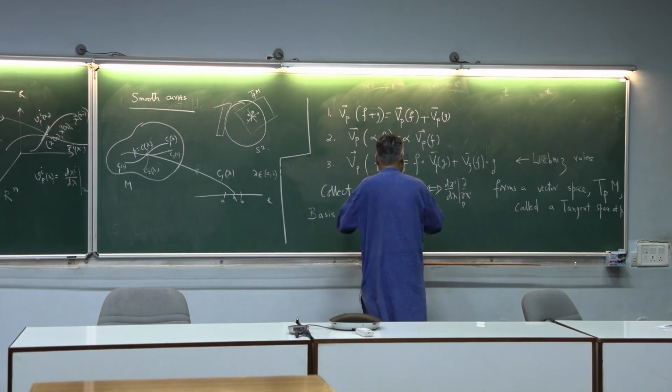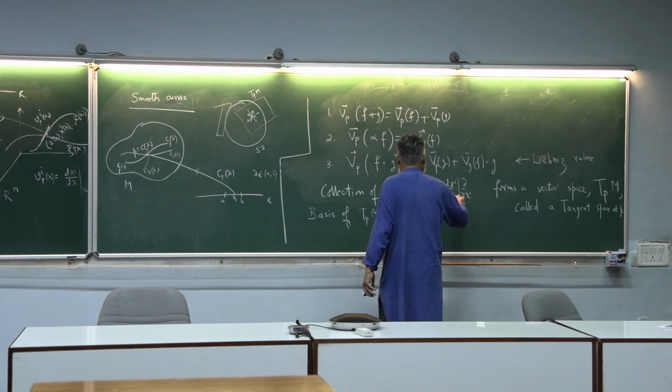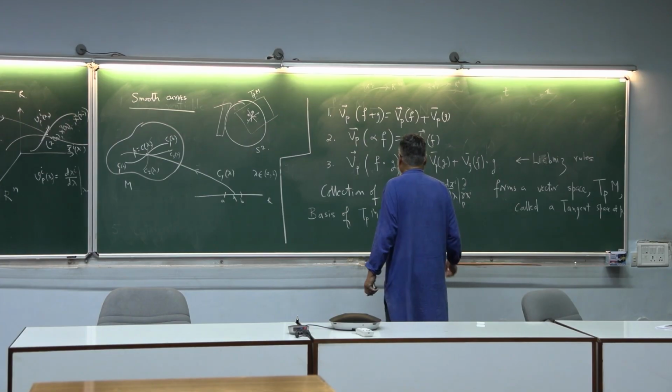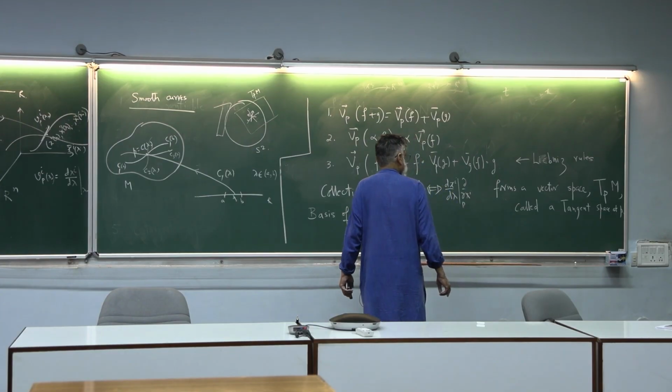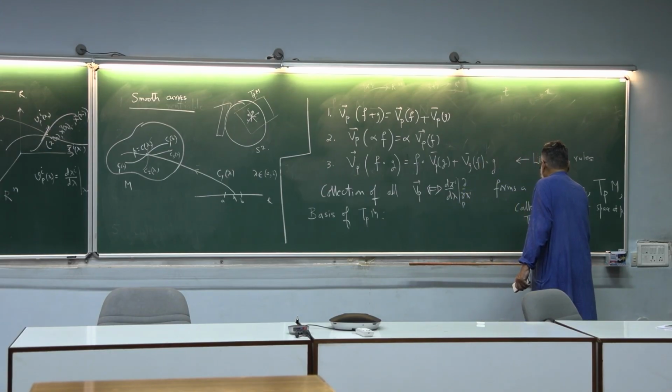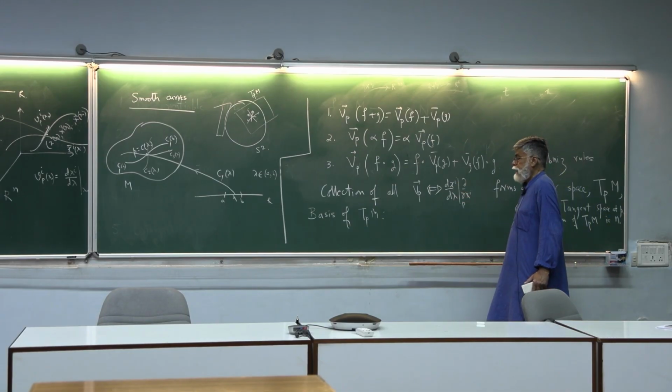The basis is a collection of vectors, and it is n dimensional. Why is it n dimensional? There are n components. So it is an n dimensional vector space, and the dimension of TPM is n. That is obvious because there are n-tuples. Okay.